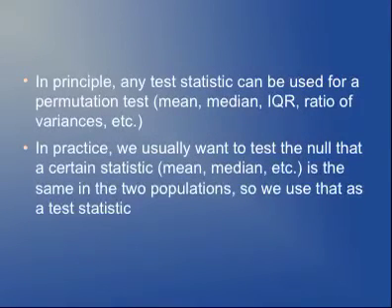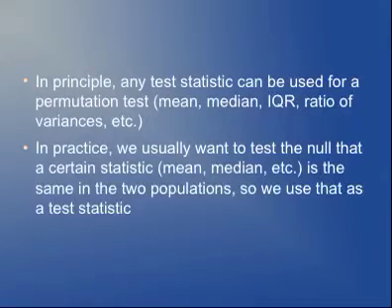And in principle, any test statistic can be used for a permutation test, because like I said, the permutation tests are testing the null hypothesis that the distributions are the same, not that the means are equal. So any statistic that would be different if the distributions are different, you can use for a permutation test.